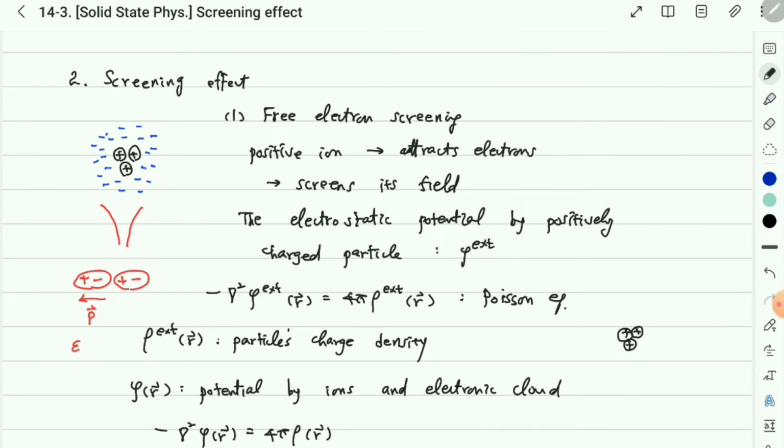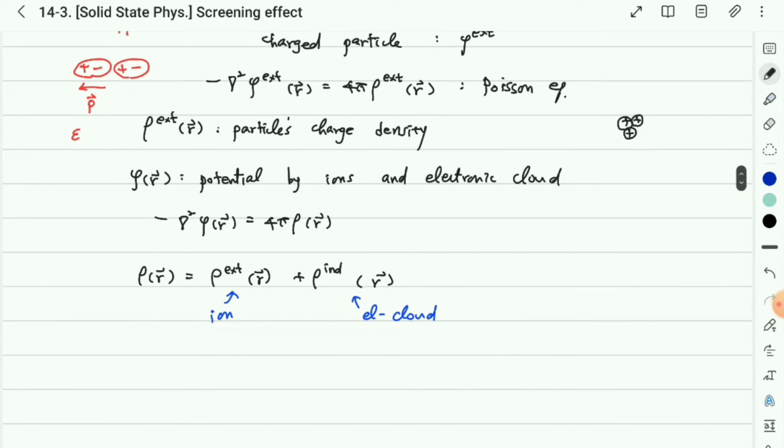The dielectric constant is related to the electron and ion coupled oscillator, and therefore the external potential has a relation with the real potential. The real potential is screened out by epsilon of r and r prime, and we integrate over all space.